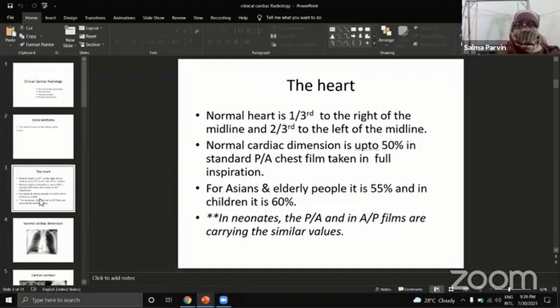What is that? The normal cardiac dimension, how is it measured and how is it declared to be 50-60%? That is the question. I know that you are now thinking of how it would be 50%.